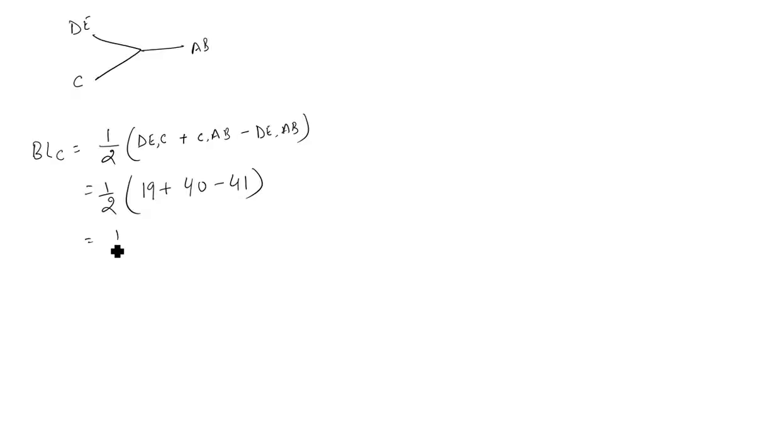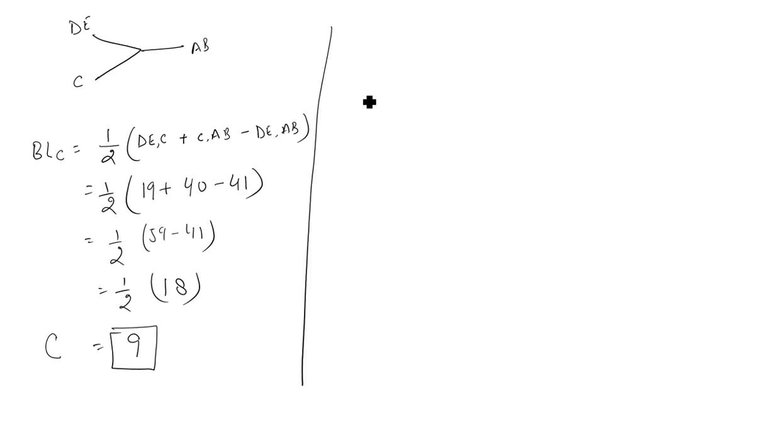So it is 1 by 2 times 59 minus 41. It will become 18. So 18 by 2 is 9. So the C value we have calculated is 9.